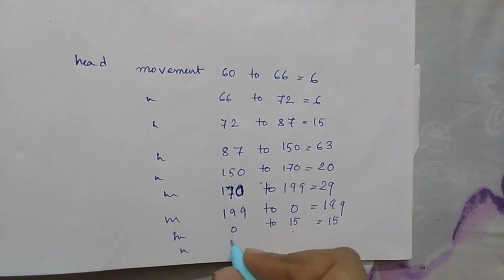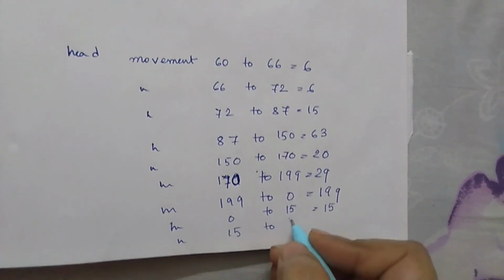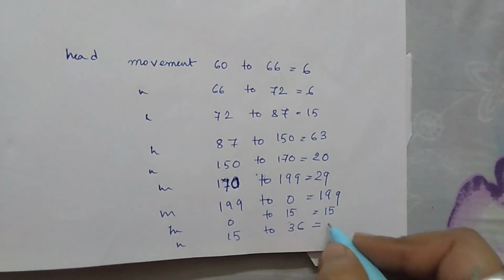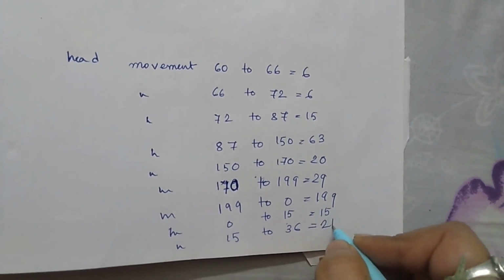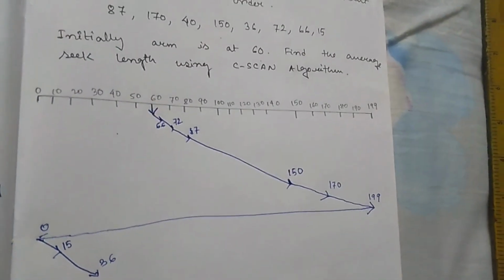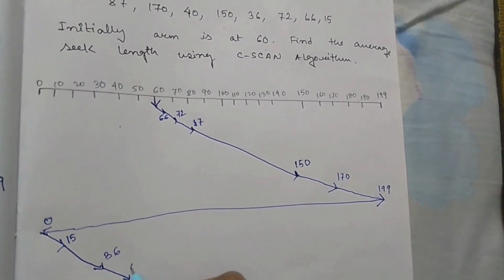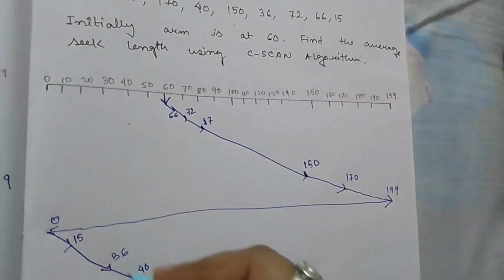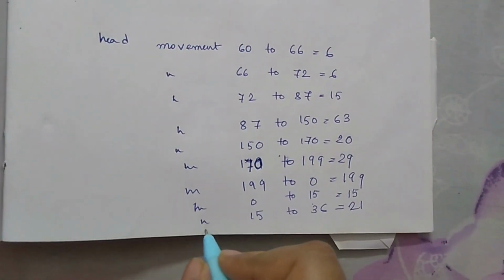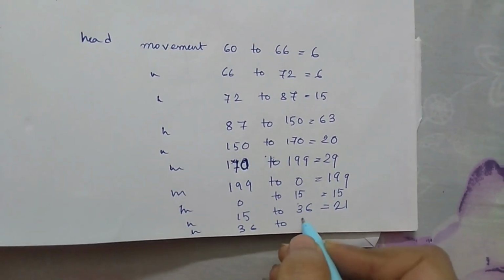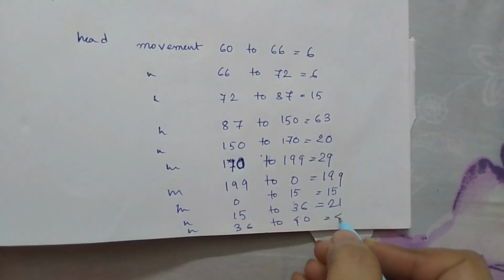The head movement from 15 to 36 is 21. Next the nearest value of 36 is 40 in this queue. So the head movement is 36 to 40 and the gap is 4.